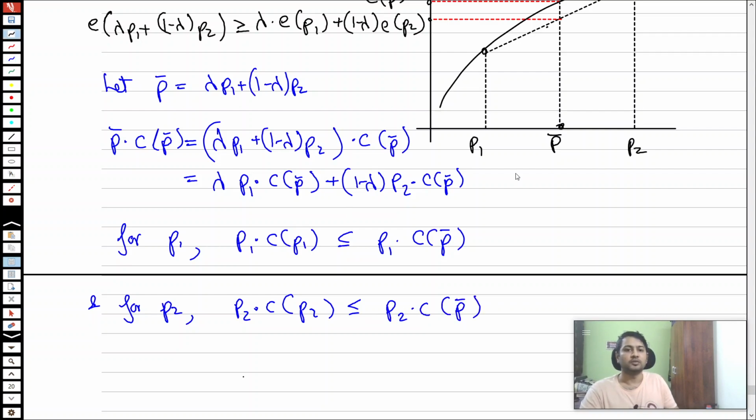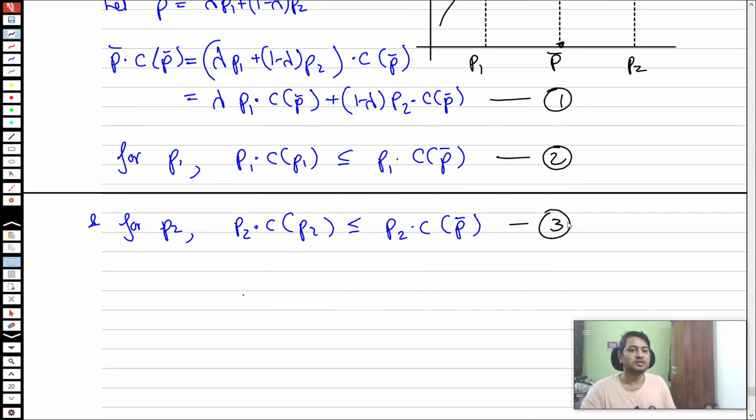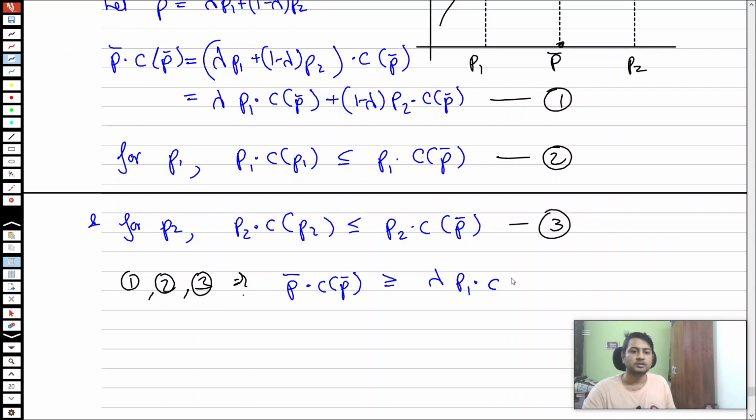Now substitute inequalities 2 and 3 in 1. From 1, 2 and 3, what I get is that p bar dot c of p bar should be greater than or equal to lambda p1 dot c of p1 plus 1 minus lambda p2 dot c of p2.